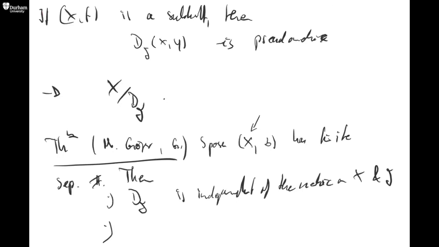And second, the amorphic complexity of our subshift coincides with the box dimension of this space X d delta.